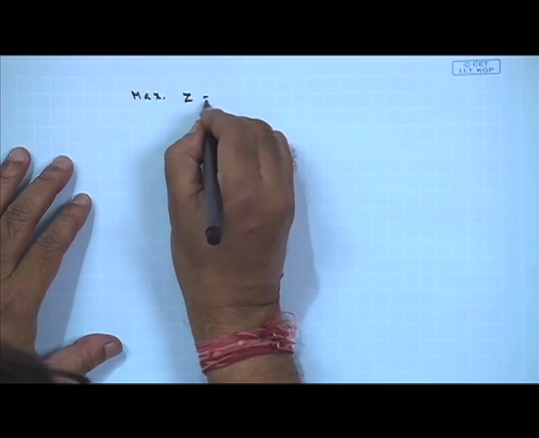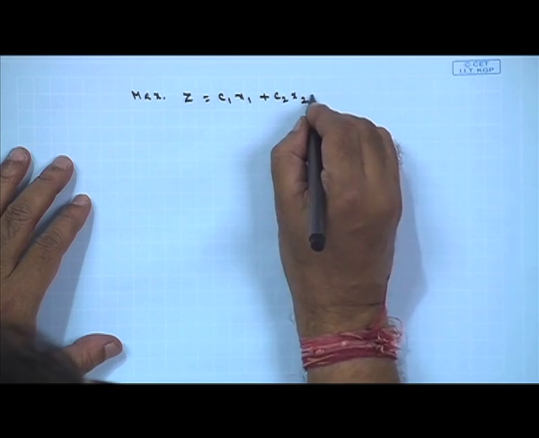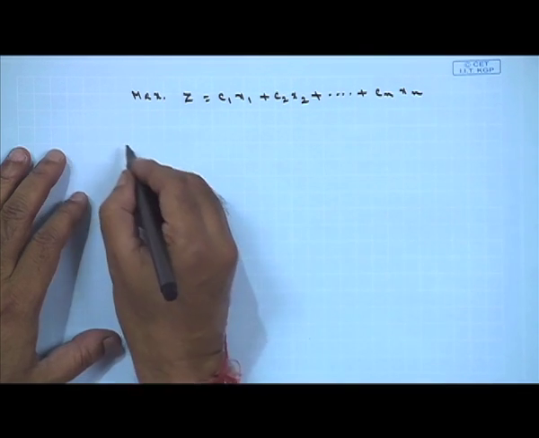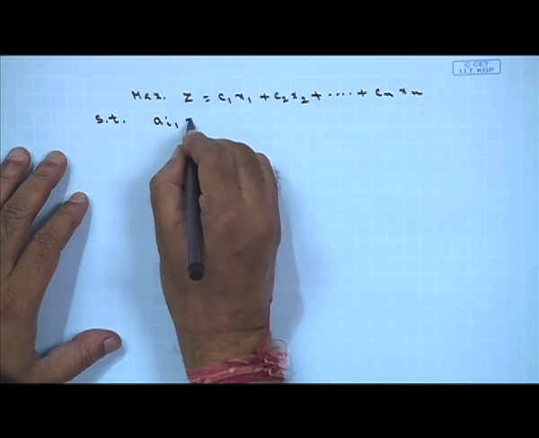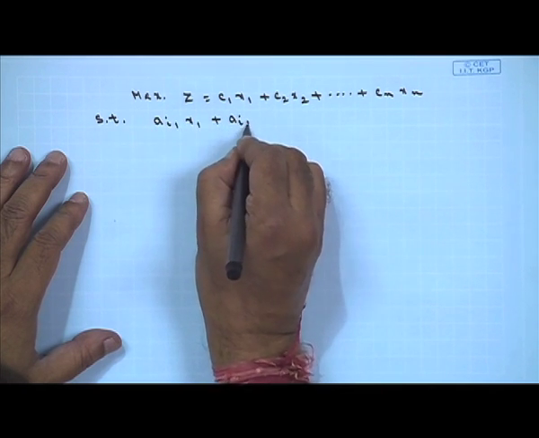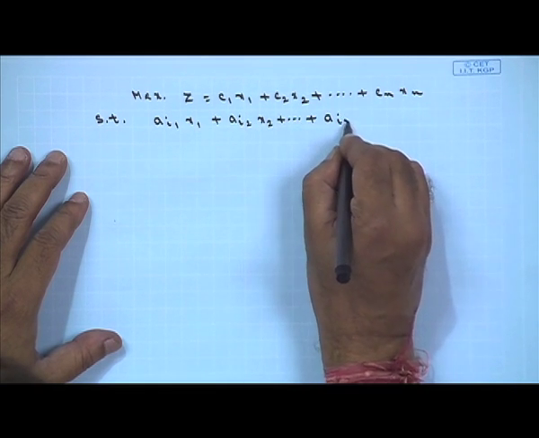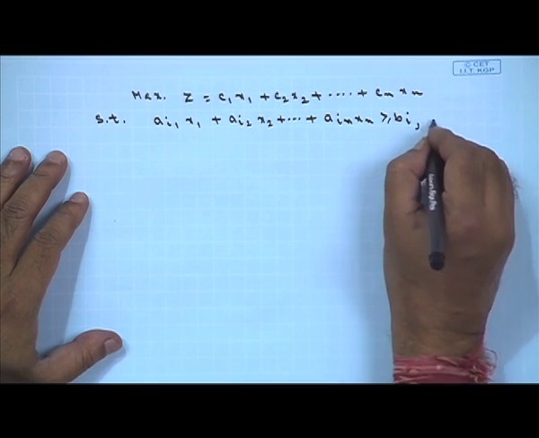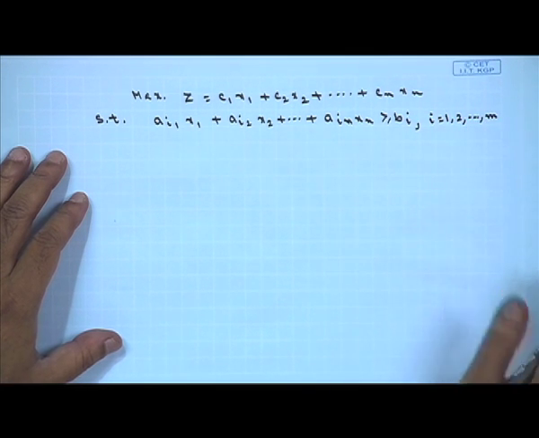Suppose I have a problem: maximize z equals C1 x1 plus C2 x2, like this way, plus Cn xn, subject to ai1 x1 plus ai2 x2 plus ain xn greater than or equals bi, where i equals 1 to m, that is, m constraints are there.